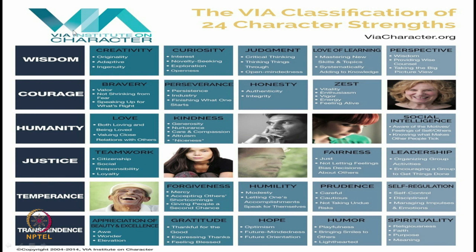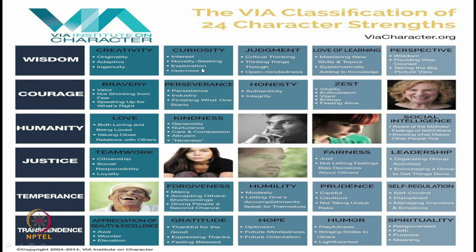So, these are the 6 virtues: wisdom, courage, humanity, justice, temperance, transcendence, and under each virtue there are some character strengths which they have theoretically explained in detail. First is creativity, which can be identified with these sub factors: originality, adaptive and ingenuity.